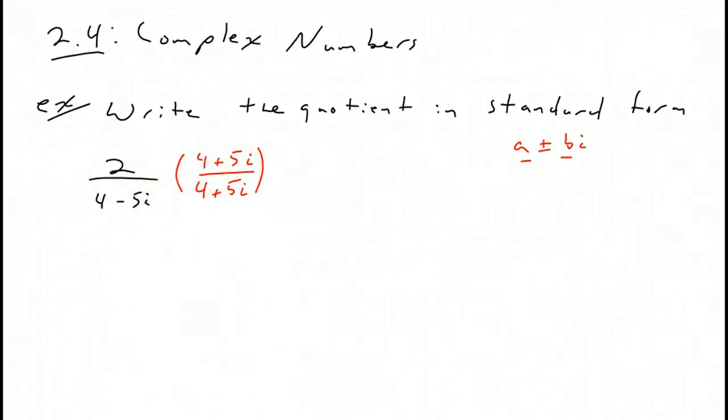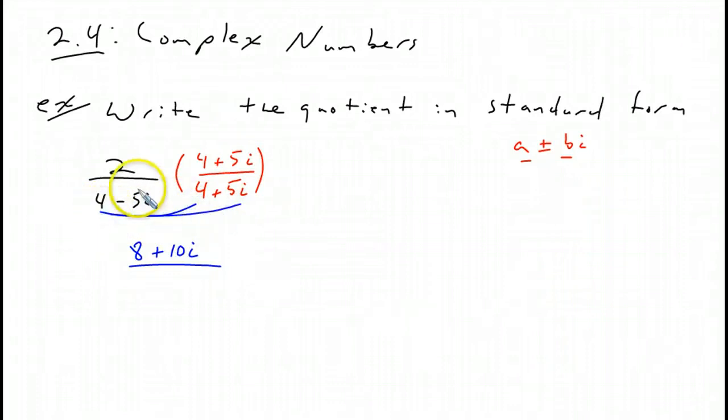So now on top, I will have distribute the 2, so 8 plus 10i over, now when you multiply the 4, you got to distribute the 4 to both, as well as the negative 5i to both of those terms. So 4 will be 16 times 5i is plus 20i. Now when I move to negative 5i times 4, it's minus 20i.